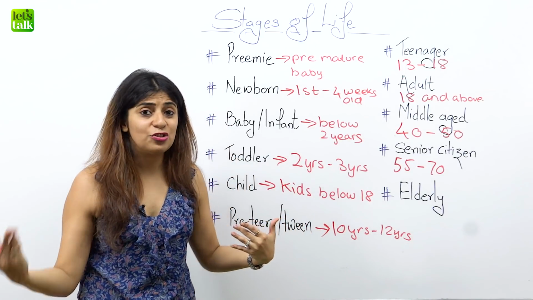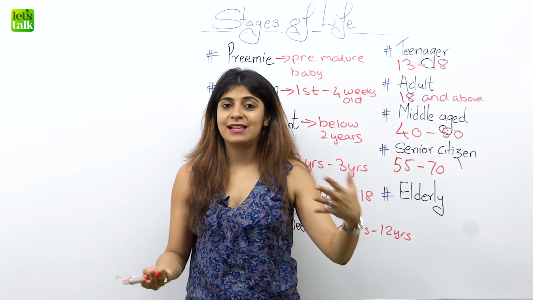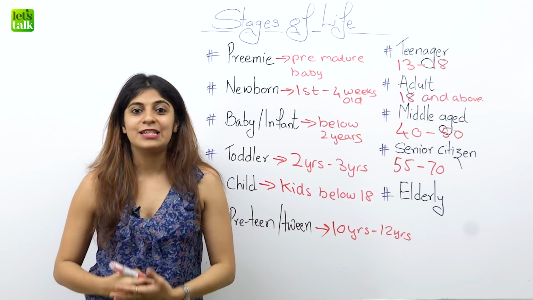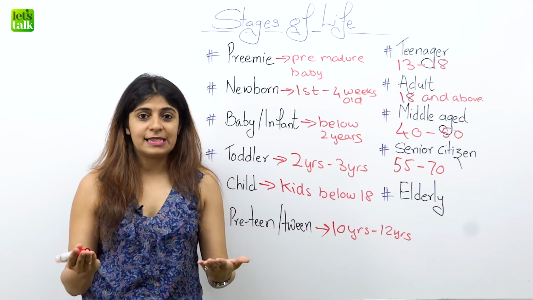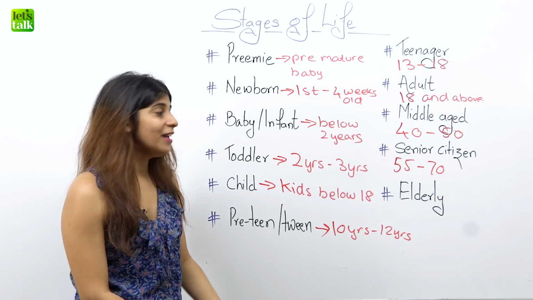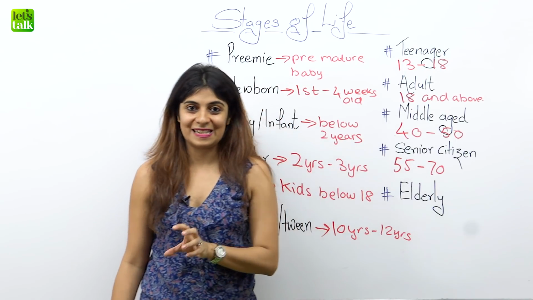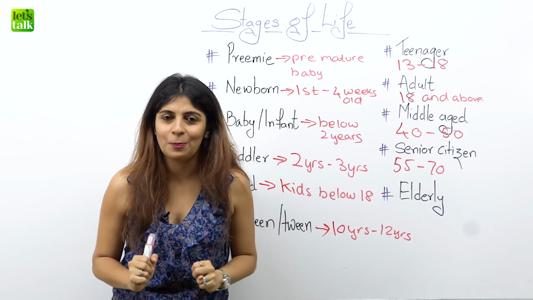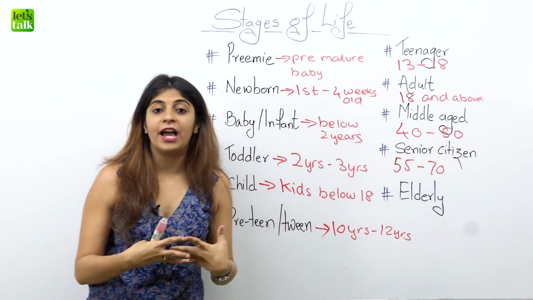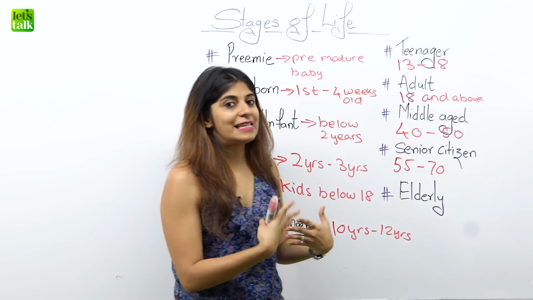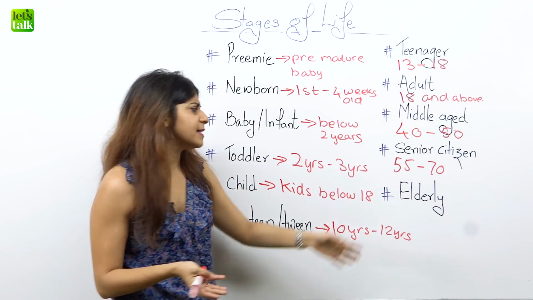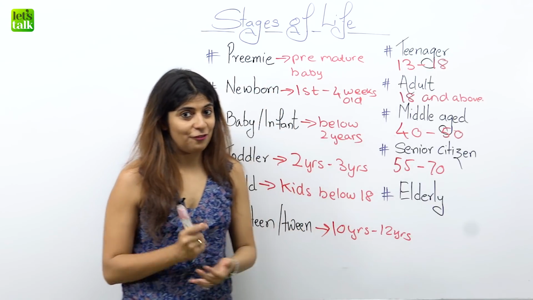When you are traveling in a train and you realize that there's this senior citizen standing beside you, please offer your seat to him. Okay? Do not say, hey, you're old, so why don't you take my seat? That's not the right way. Well, you call them senior citizens because the word old is not polite. Okay, so someone who is between the age group of 55 to 70, well, they are senior citizens. Now, this age differs from country to country, but this is just a generalization that I have given.